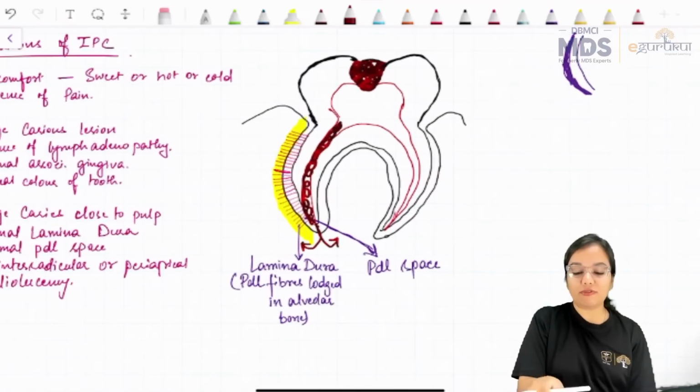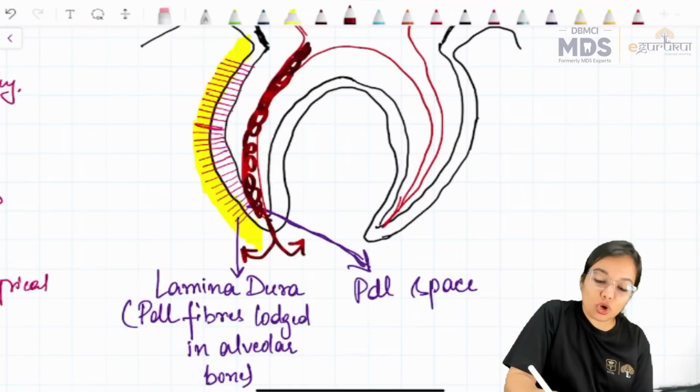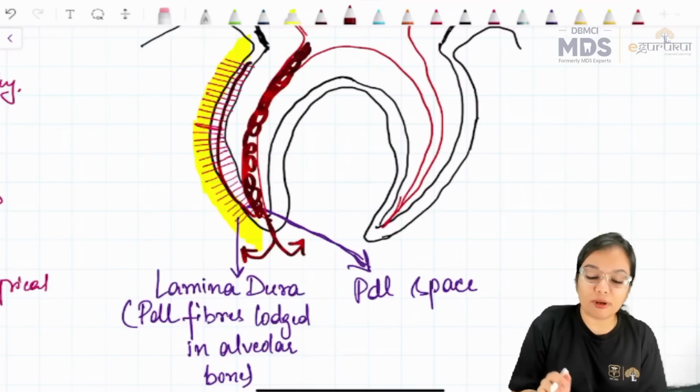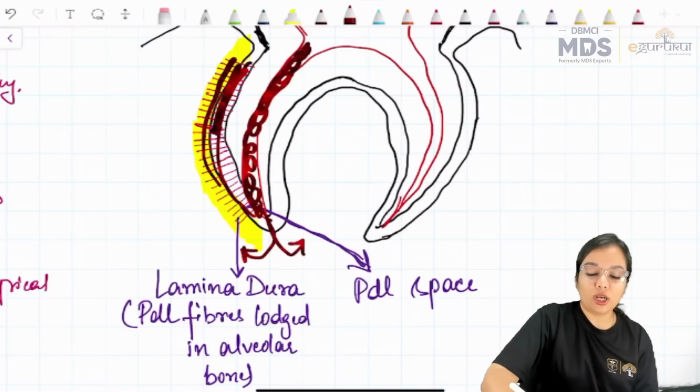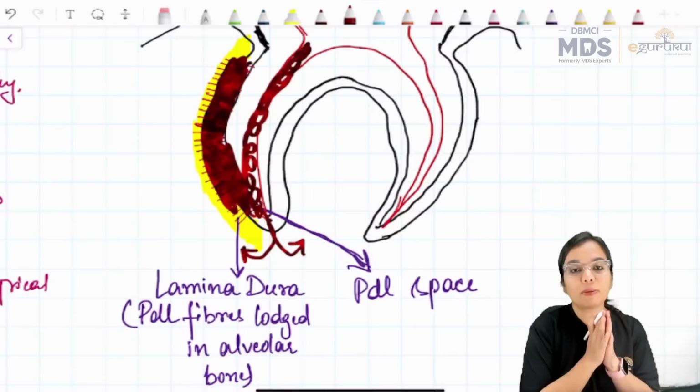Whenever the infection reaches the periapical area, it destroys these periodontal ligament fibers. So when it destroys the periodontal ligament fibers, obviously this space here also gets destroyed.